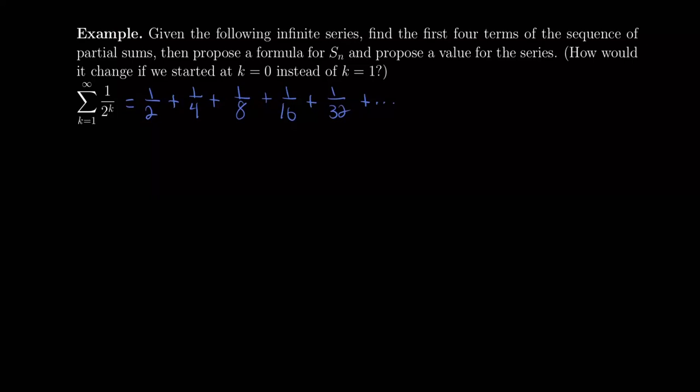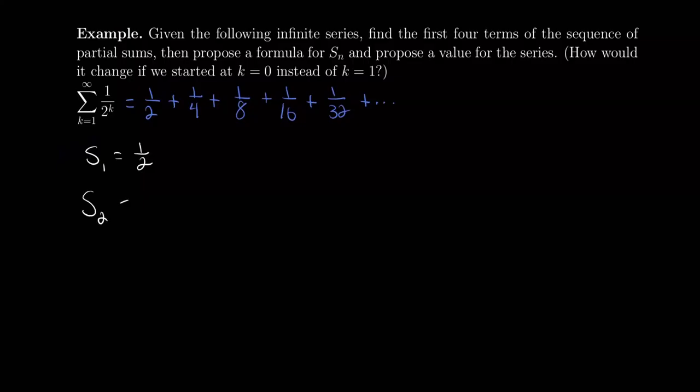Okay, but I did need to do the next part of the question, and that was find the first 4 terms of the sequence of partial sums. So let's go ahead and find those first 4 terms, which will always be the same. Capital S sub 1 is going to be the first term, whatever is here. That's why you should list out the first few terms of the series and then list out the first few terms of the sequence of partial sums.